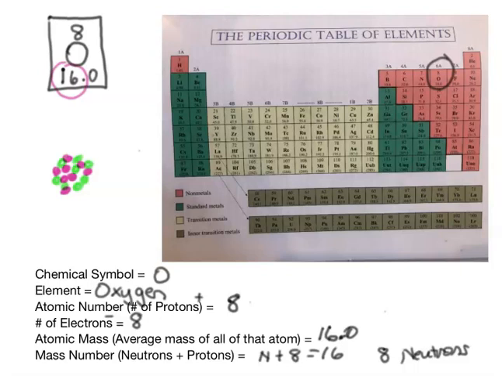Now, the electrons are traveling in orbitals. These are energy orbitals. And according to our Bohr model, a certain number of electrons can exist in certain orbitals.